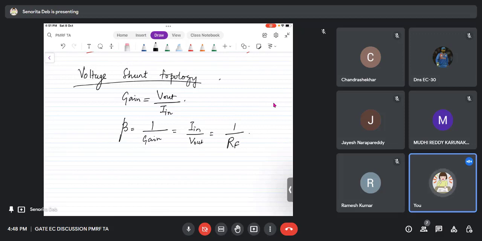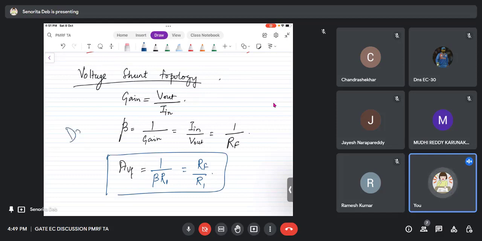The closed loop voltage gain will be given by the input resistance into beta, sorry, not beta into, but the input resistance R1 into beta, so it will be given by 1 upon beta R. R1, that was the input resistance, will be given by RF by R. So you can try to derive this.